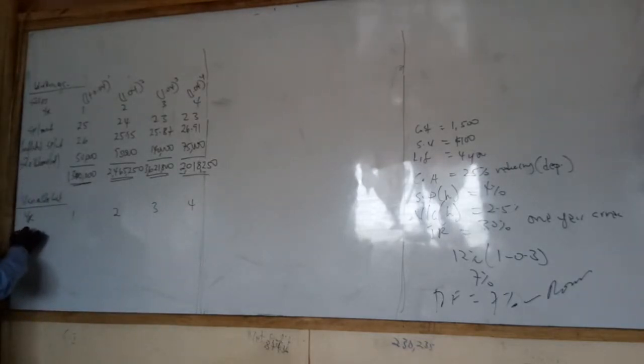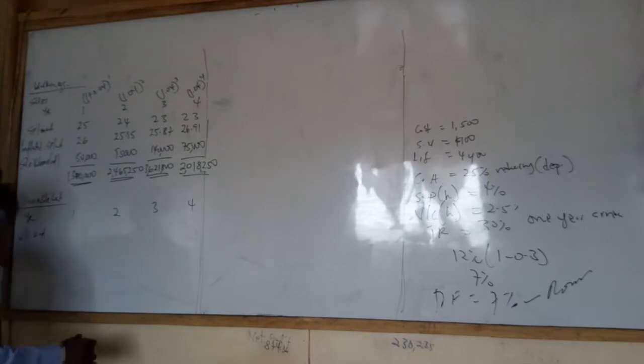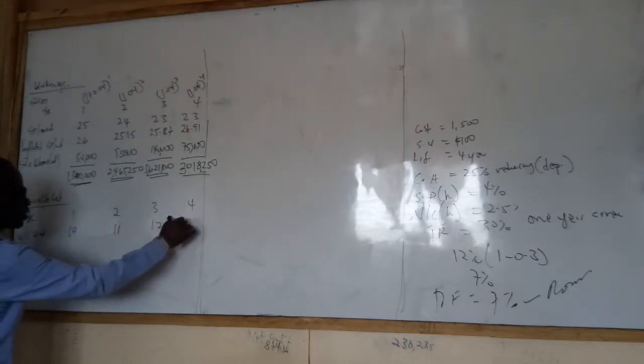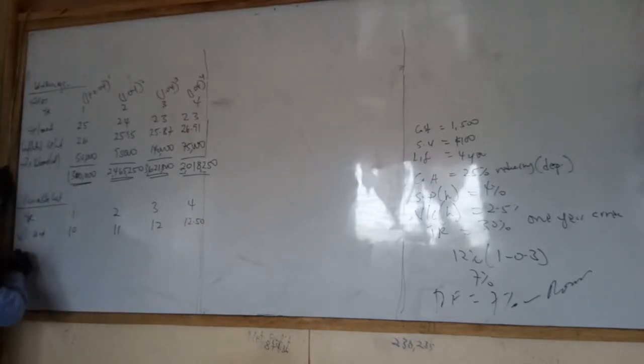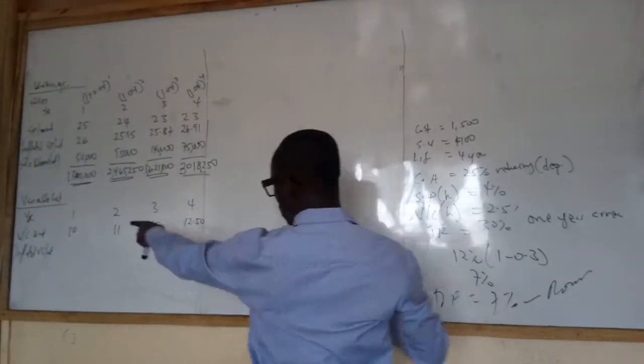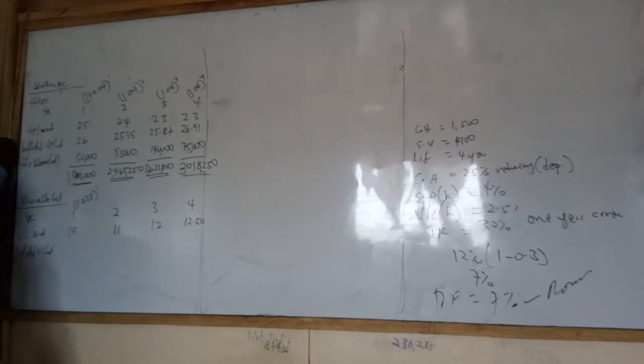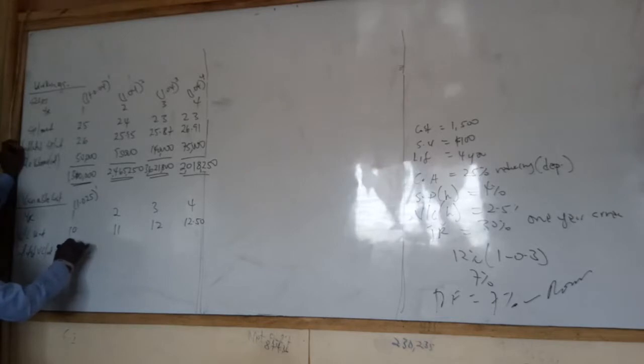Variable cost per unit as given: 10, 11, 12, 12.50. Now, inflated variable cost. What is the inflation rate? 2.5. So the same idea: 1.025 exponent 1 times 10 is 10.25.